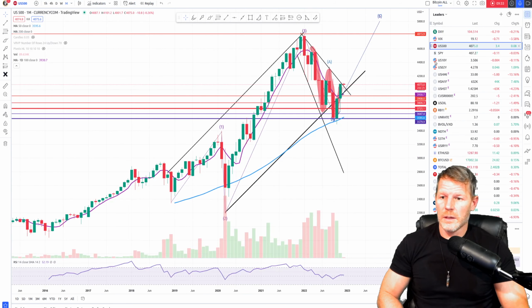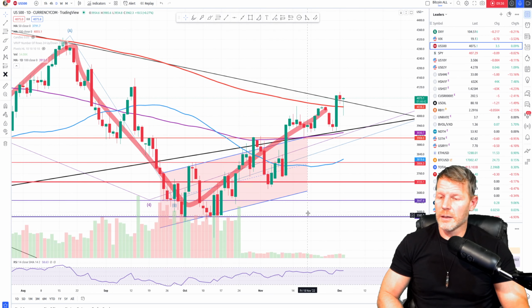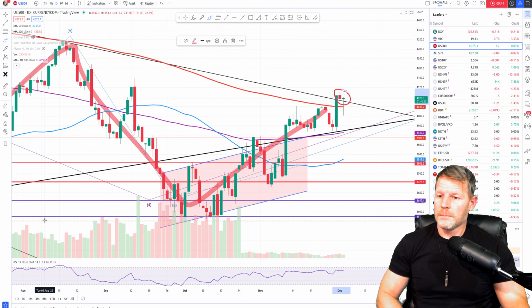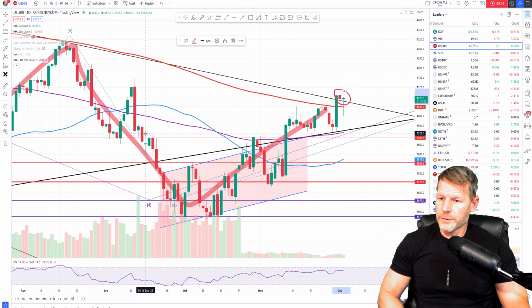Now, back to our chart here, we have seen definitely a big disparity between, and this is our S&P 500. I'm going to switch to the daily here. We will talk about this as well. A crossing of a major trend line.